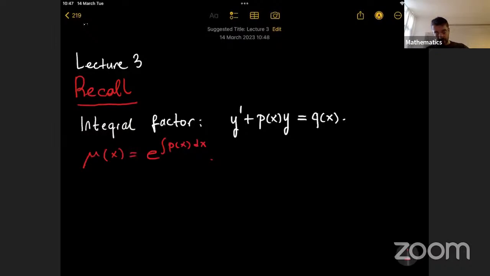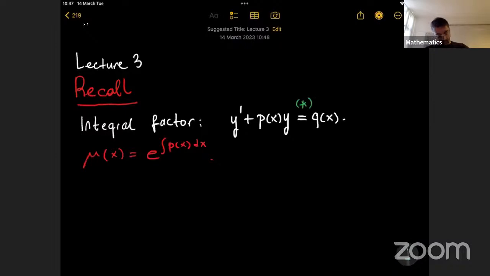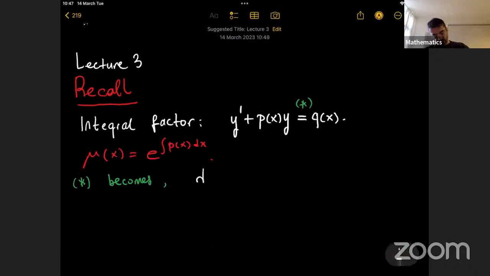Then this differential equation, let's call it star, becomes d/dx of mu(x) times y is equal to q(x) times mu(x).